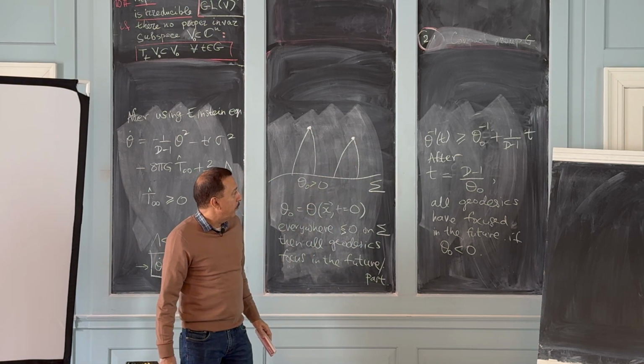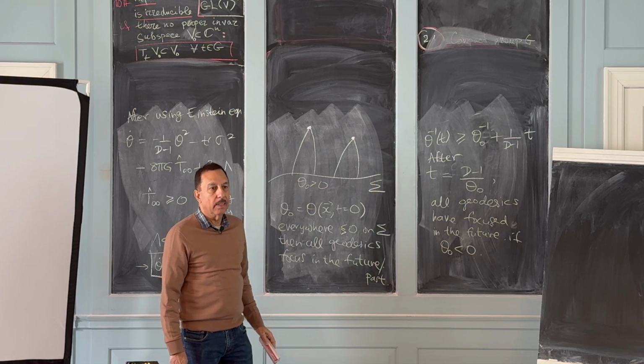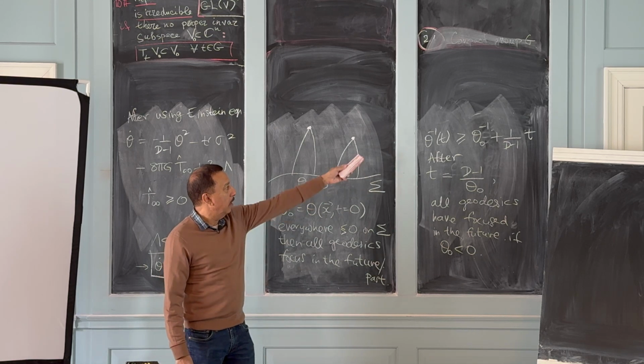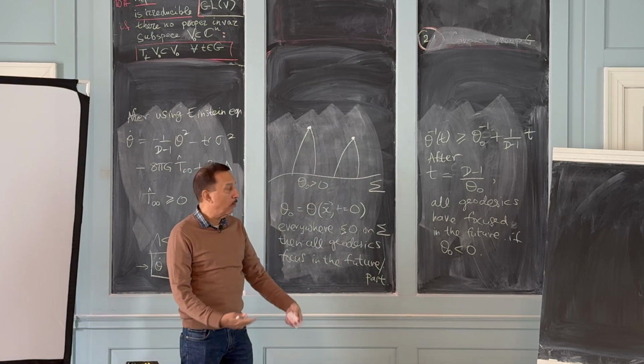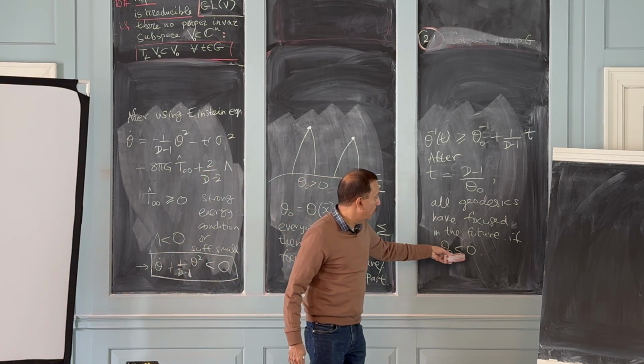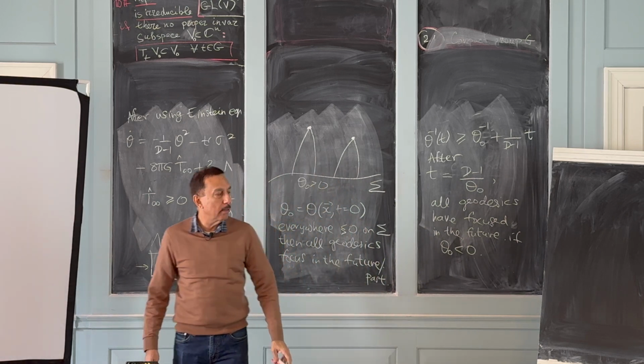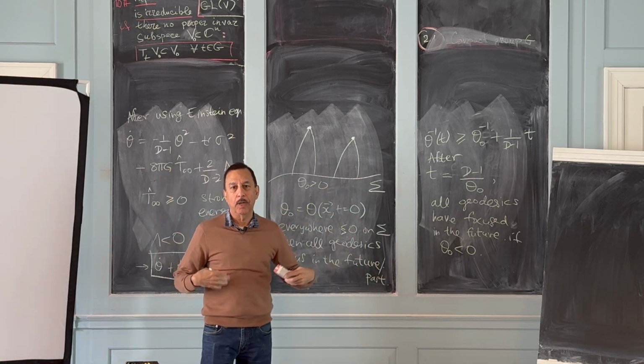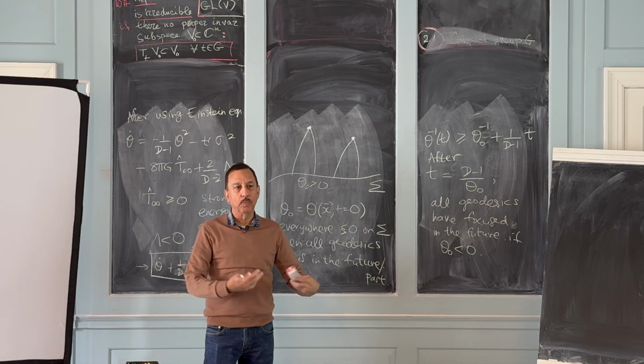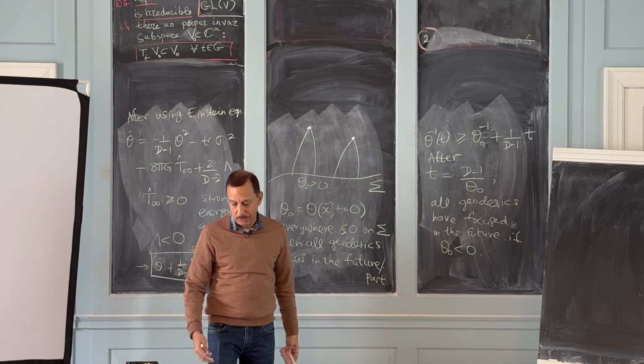But if you just start by reversing the direction of time, then you will get an analogous equation for time flowing backwards, and then if theta 0 is positive, all geodesics will have focused in the past. In any case, all our considerations are future-past symmetric, so we never need to prove something again for the past if it's true for the future.